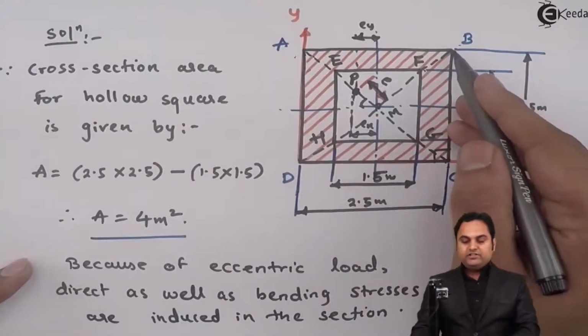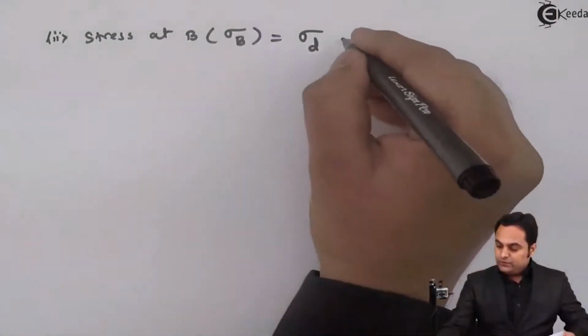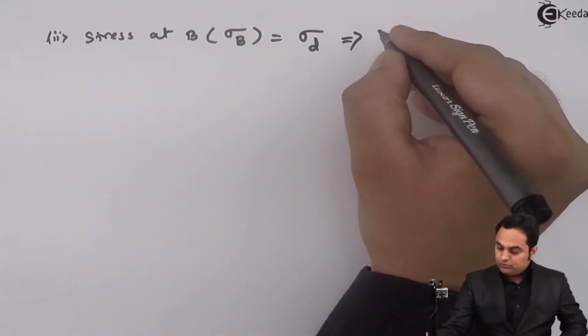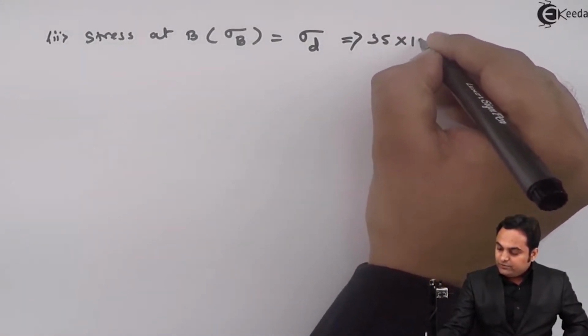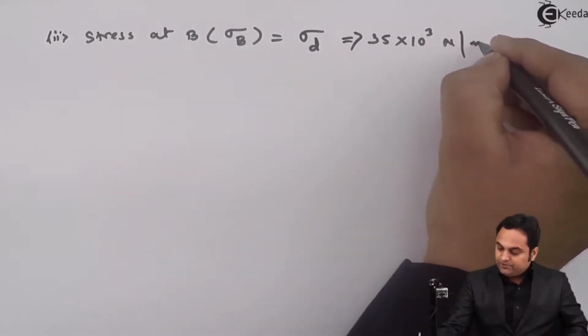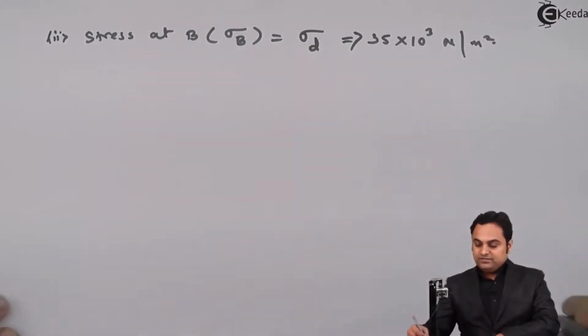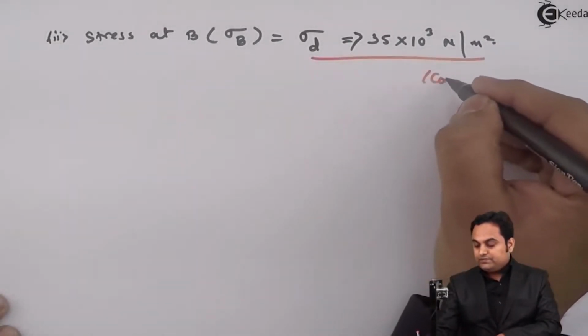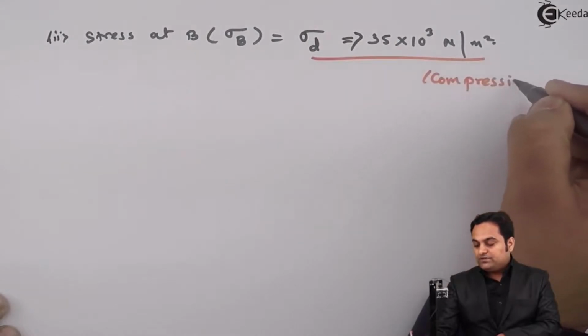So stress on B comes out to be 35 into 10 raised to 3 Newton per meter square. Again, as this answer is positive, it is compressive stress.